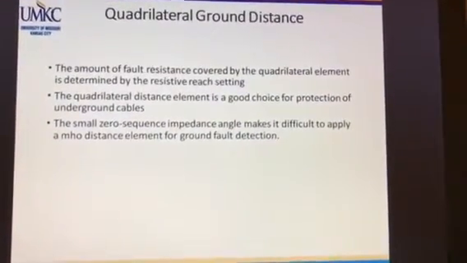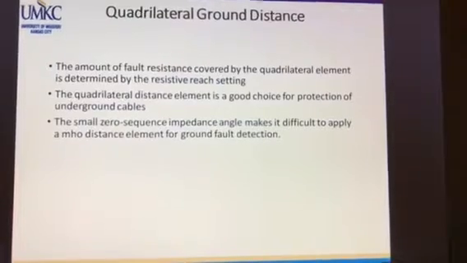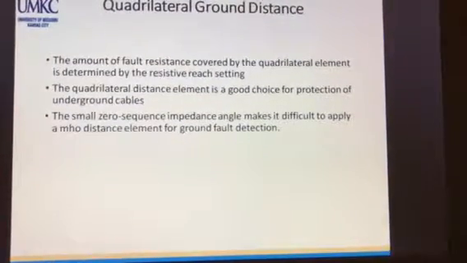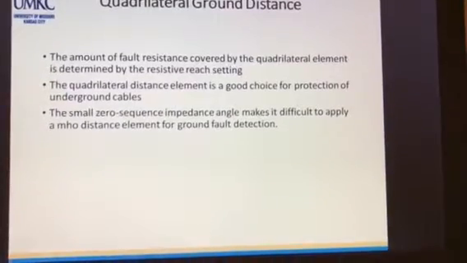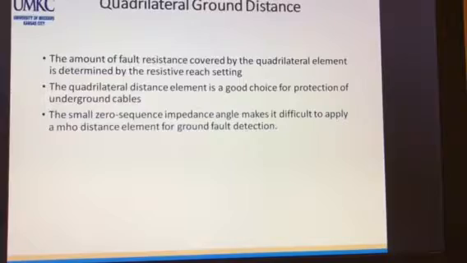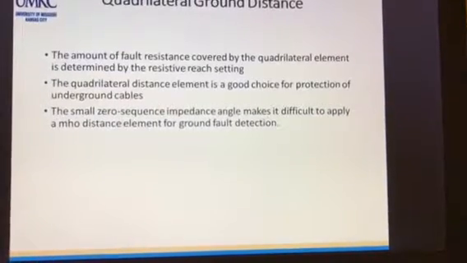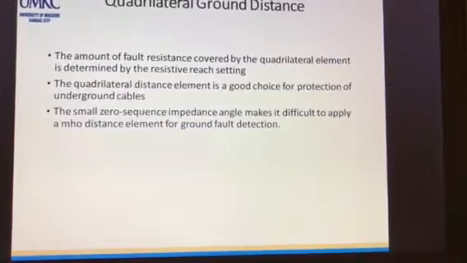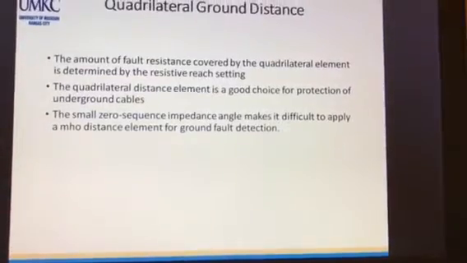Also, the amount of fault resistance covered by the quadrilateral element is determined by the resistive reach setting, as we defined in the previous slide, and the quadrilateral distance element is a good choice for the protection of underground cables. Also, the small zero sequence impedance angles make it difficult to apply a Mho distance element for ground fault detection.